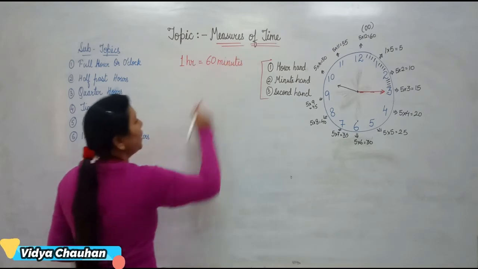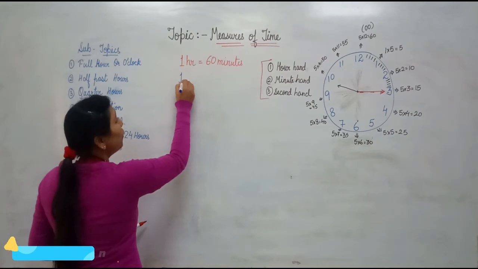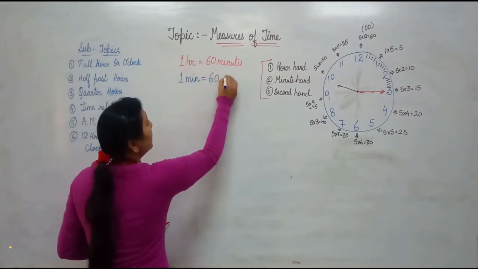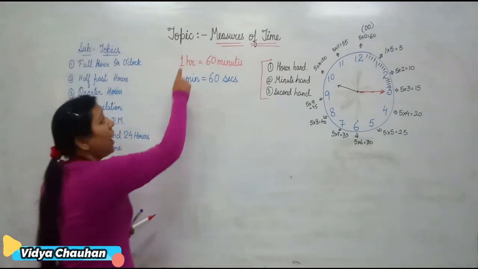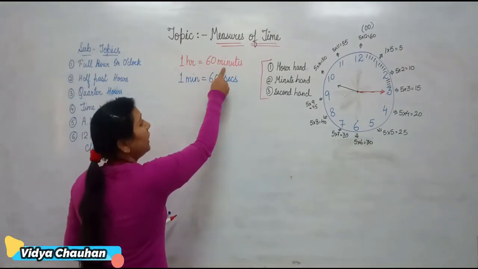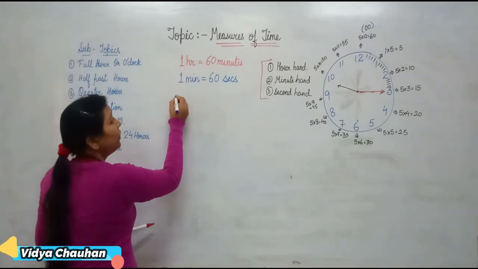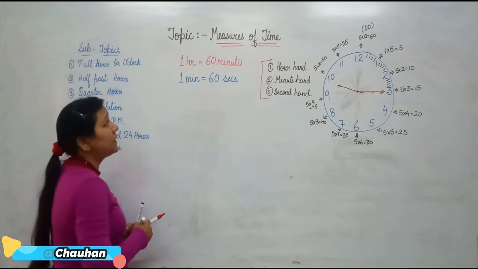1 hour is equal to 60 minutes. The second relation is 1 minute is equal to 60 seconds. So this is your second relation. That means hour and minutes are connected, minutes and seconds are connected. So in turn, we can also write the relation between hour and second.